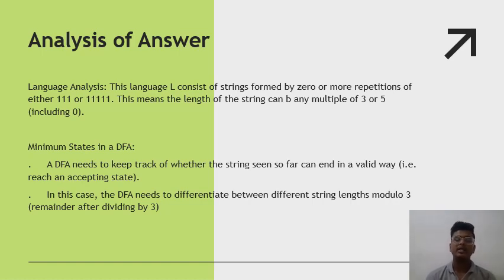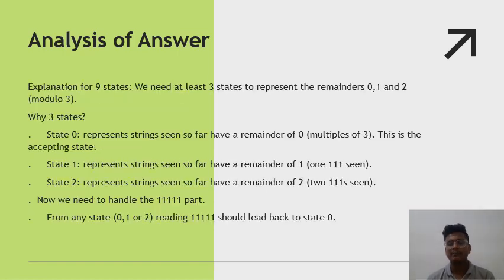The DFA needs to keep track of whether the string seen so far can end in a valid way, that is, reach an accepting state. In this case, the DFA needs to differentiate between different string lengths modulo 3, the remainder after dividing by 3. Explanation for the 9 states: 9 states is the correct answer.